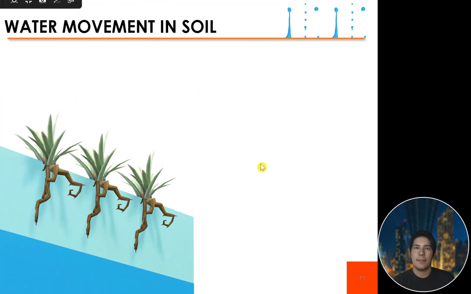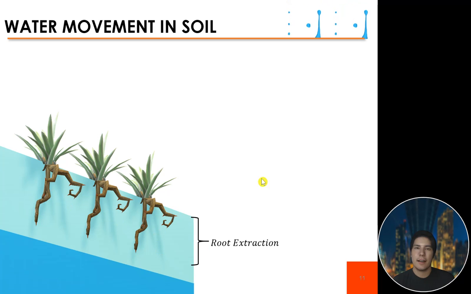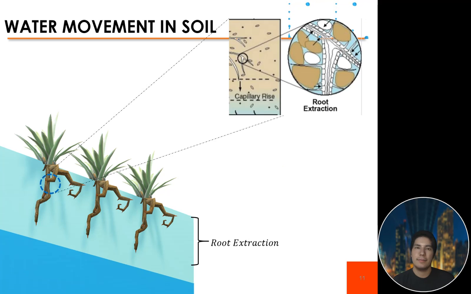Dito naman sa crops banda, at this layer, we have this root extraction, using yung tinatawag nating osmosis sa biology. Okay, so provided ito yung roots natin, we have this root extraction na pumapasok sa mga ugat natin, through stomata.